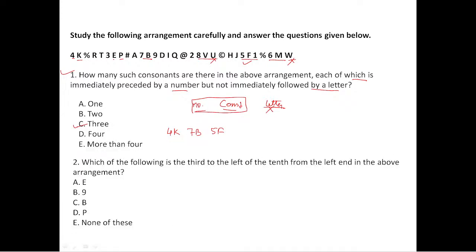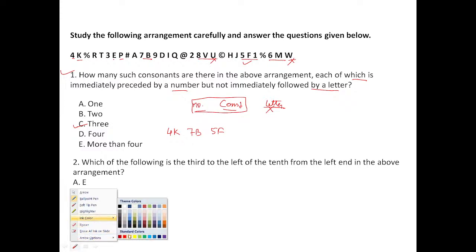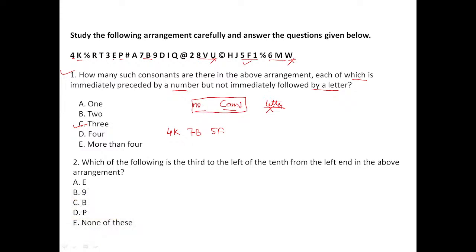Okay, moving to question number 2 here. Which of the following is third to the left of the 10th from the left end in the above arrangement? Whenever in this kind of question 2 same directions are given, meaning left and left, then whatever the absolute values are, here it is third and here it is 10th, you just take the difference of these two.